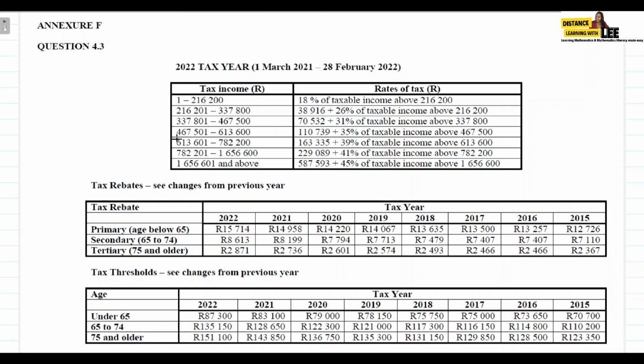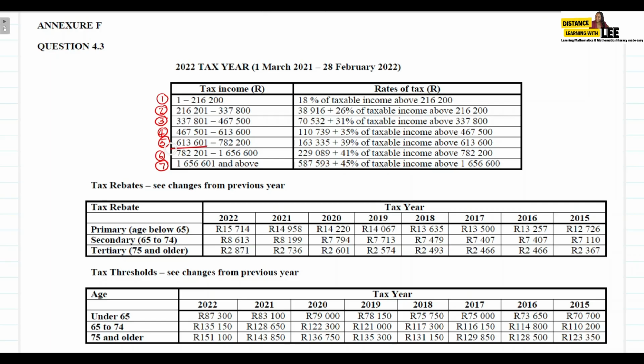Firstly, we need to determine in which tax bracket we are. I'm going to number these to make it easy for you to follow: this is the first tax bracket, the second, third, fourth, fifth, sixth, and seventh. If he's earning 663,000, which tax bracket are we in?